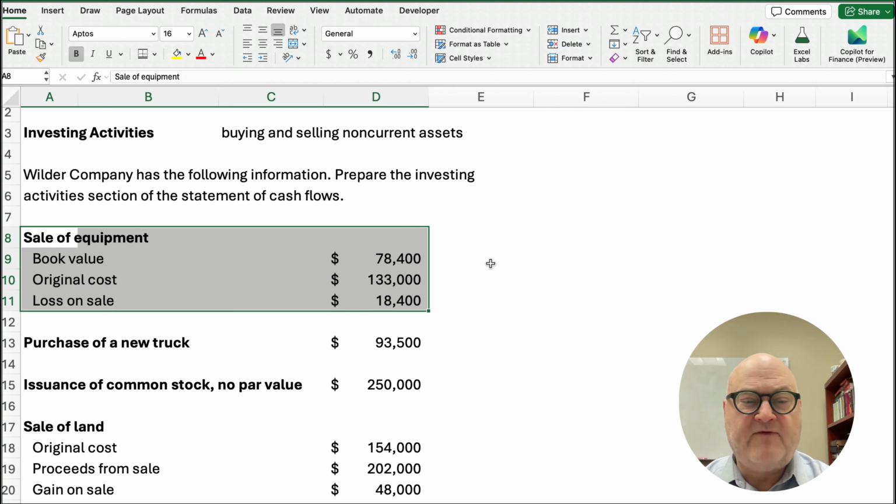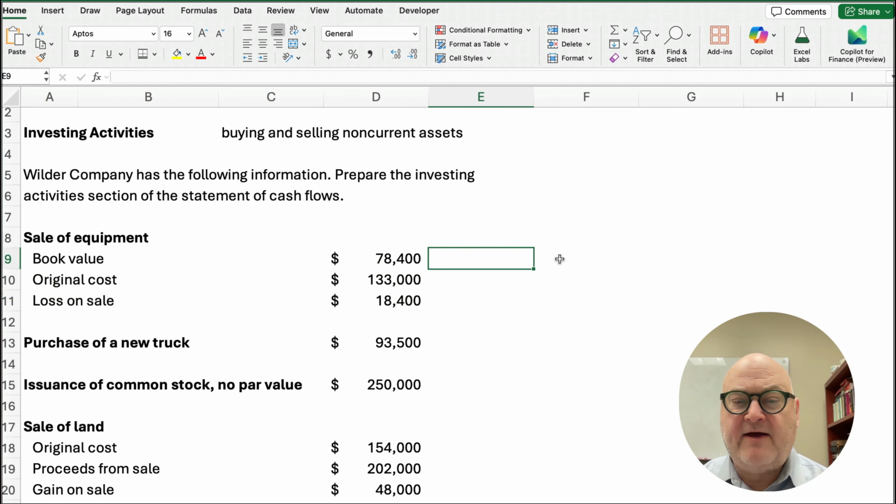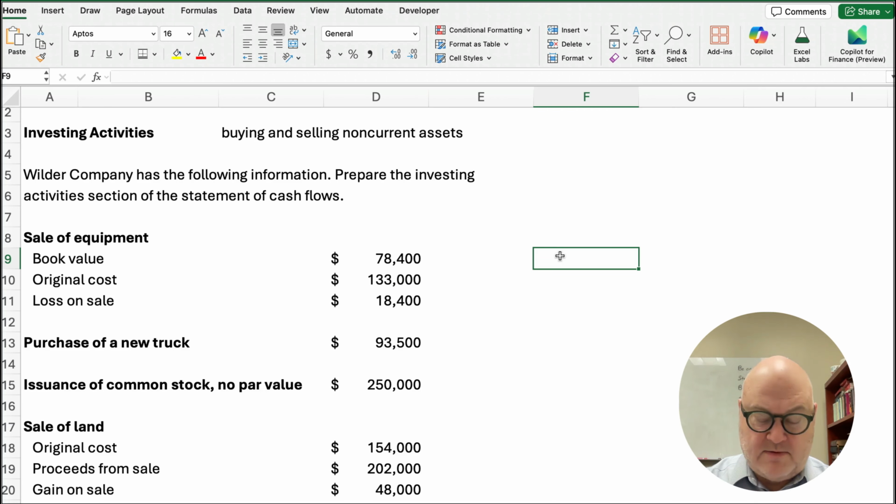We have a book value on the equipment of $78,400. We have an original cost of $133, and our loss is $18,400. Now, you can do a full journal entry here, and I've kind of laid one out, or you could say, hey, look, we have our book value.